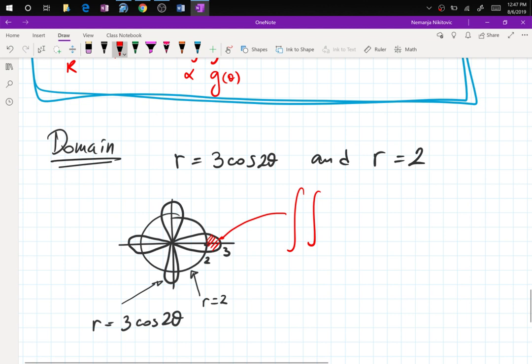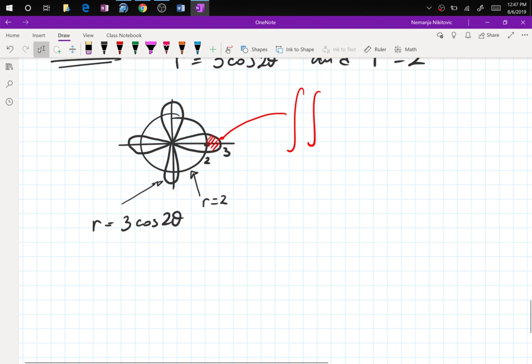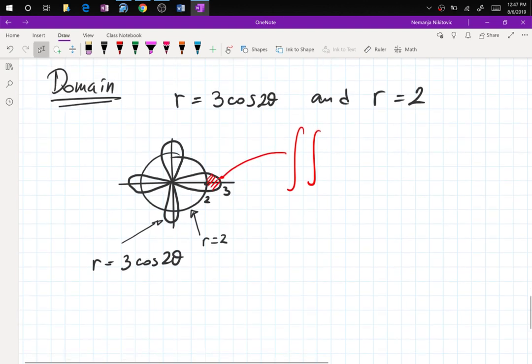To find those limits, now we have to be careful. We need to find the limits of integration. The rest we know. There is some function here, and then r dr d theta. So that's never a problem. The issue with polar integrals for most students is to figure out what limits go on these integrals.